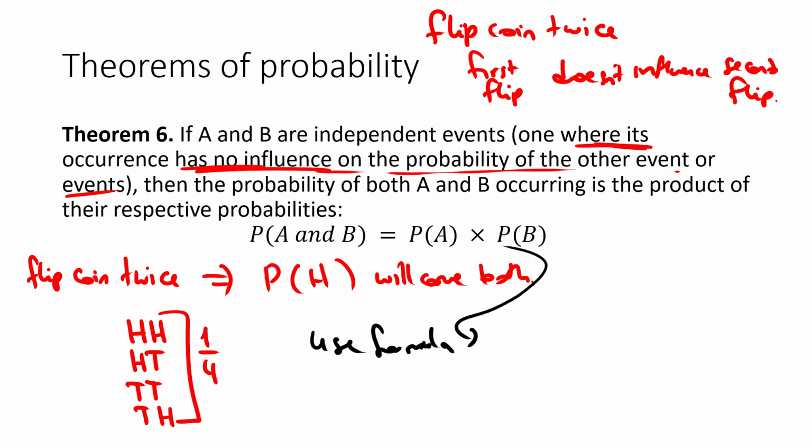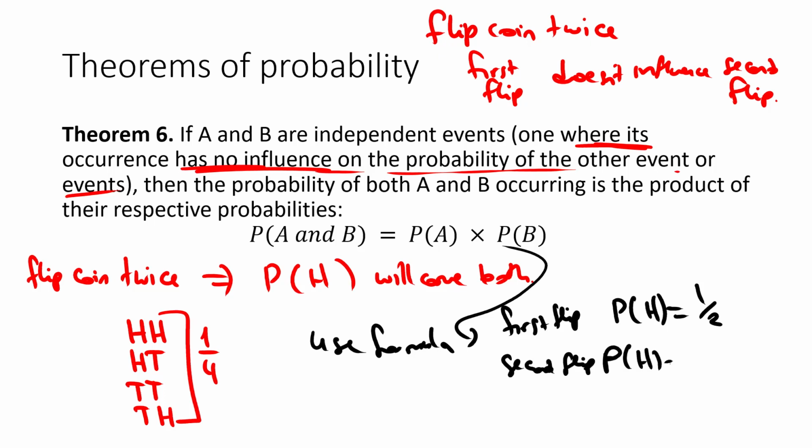Okay, let's use it. For the first flip, the probability of head is 1 by 2, because there are 2 outcomes. It will be either head or tail. And for the second flip, again the probability of head is 1 by 2, because in the second flip as well I have 2 options.